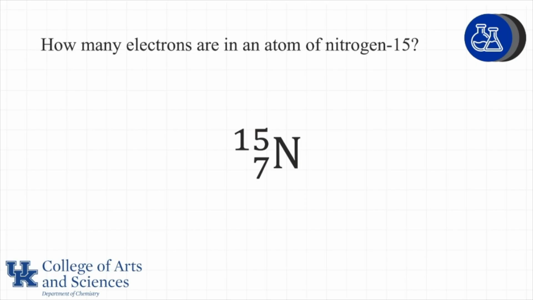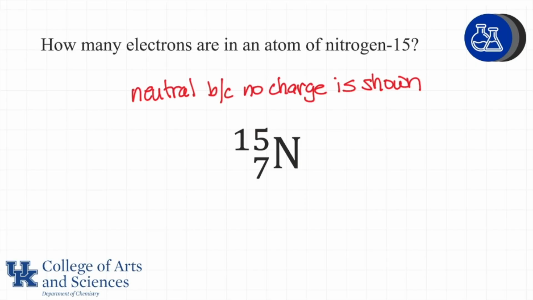How many electrons are in an atom of nitrogen 15? So it is neutral because there's no charge shown. Remember, if there's a charge, it has to be explicitly shown on the symbol. So when we look at our protons, neutrons, and electrons, we say there's 7 protons because the atomic number is 7.